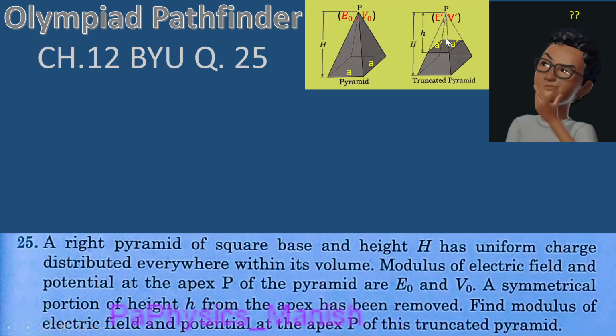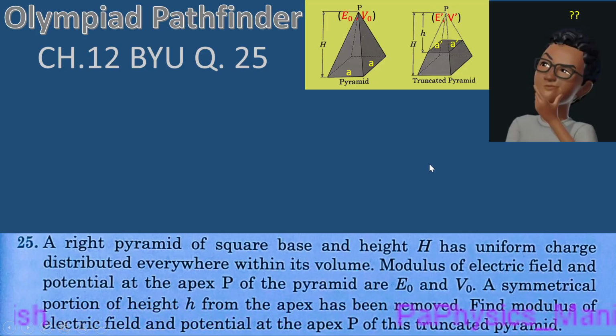This portion has been cut and removed. So now the question is asking the modulus of electric field and potential at the apex P of this truncated pyramid. Because of the remaining portion of the pyramid, what will be the electric field intensity and potential at P?